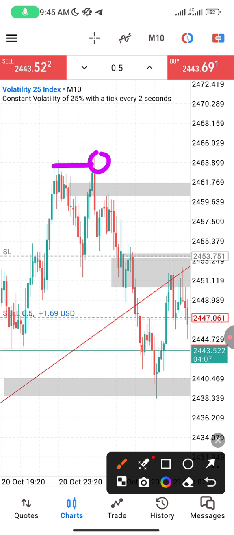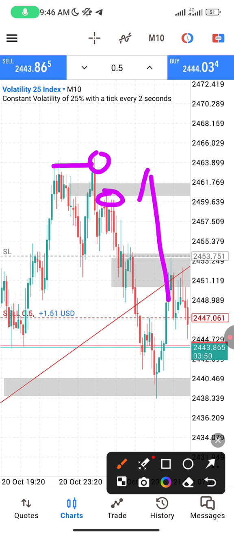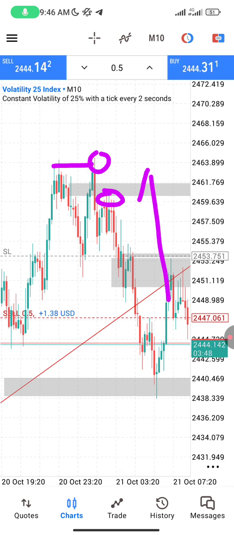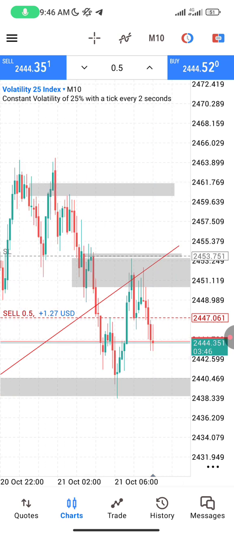So this is another liquidity that we want the market to come and take out. By this trading strategy, price was supposed to come back and clear this liquidity like this and then shoot down. That is what we are expecting as a swing trade. But right now we are taking this trade based on scalping.